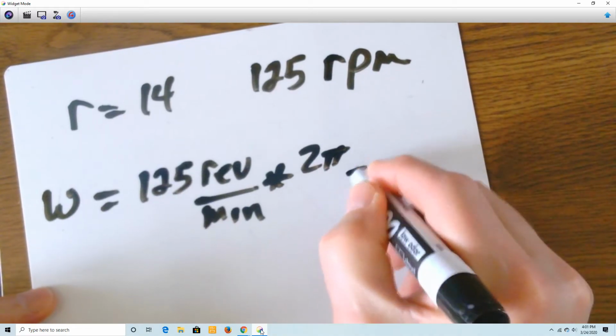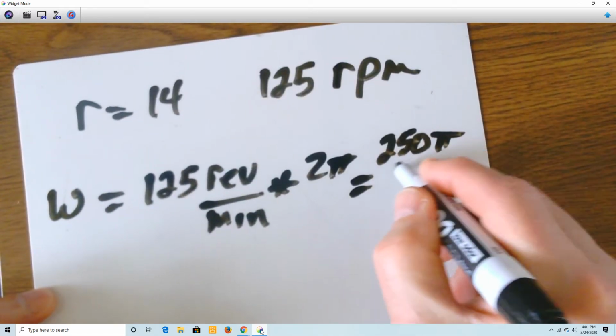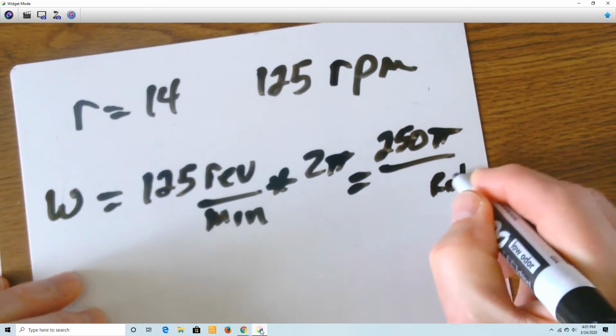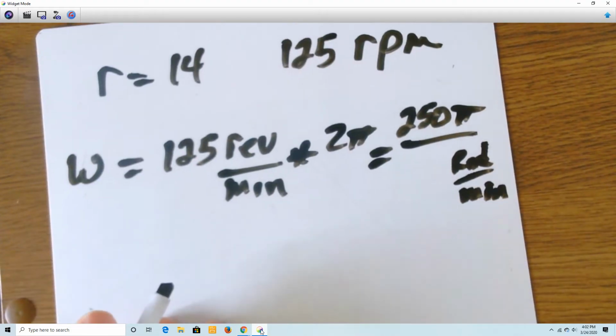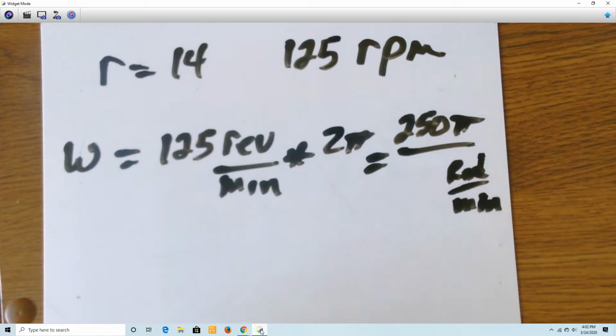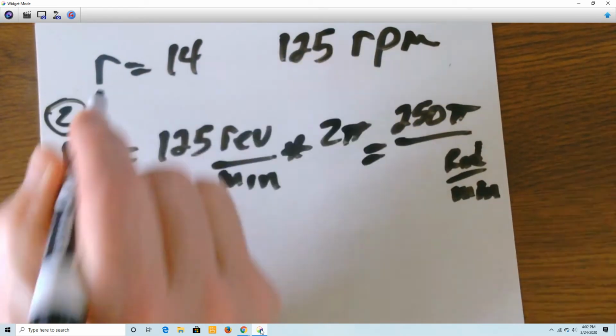So that's going to be equal to 250 pi, and we'll leave pi in there, and that is in radians per minute. So 125 times 2 pi, 250 pi radians per minute is our angular velocity. That's the answer to question number 2.